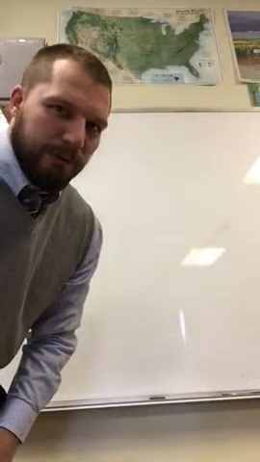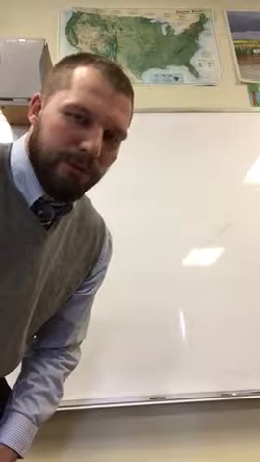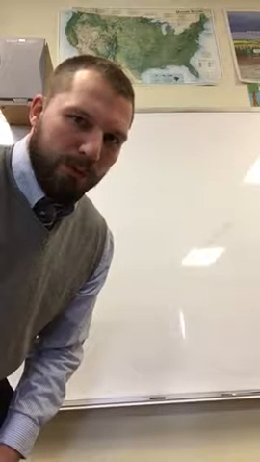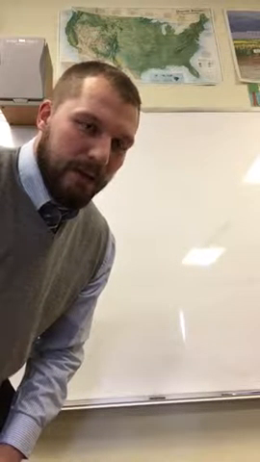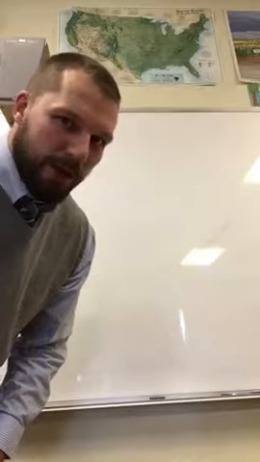Okay, so if we know that there are 50% yellow, 50% green, and green is the recessive trait, in order for them to be green, they have to be lowercase y, lowercase y. So I'm going to go ahead and make a square and start to fill it in that way.